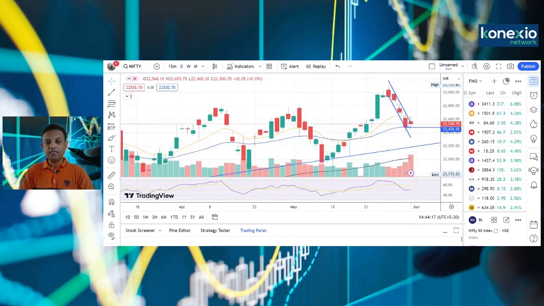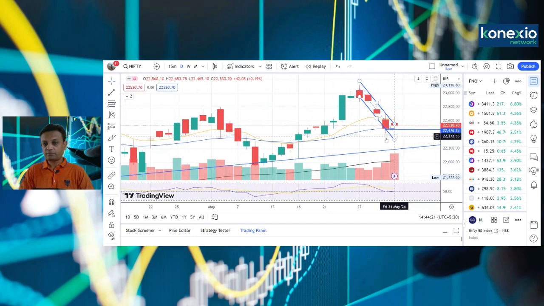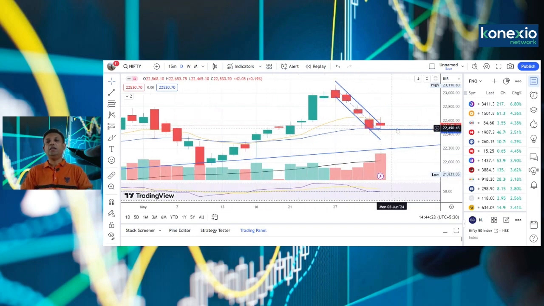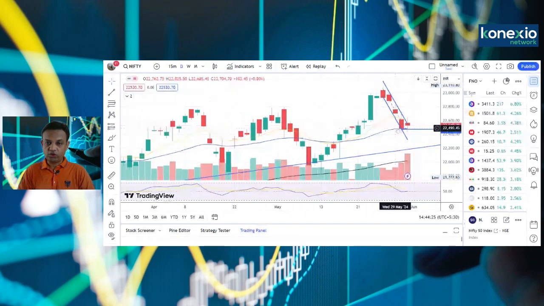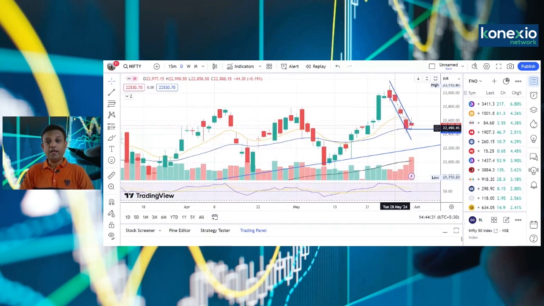RSI, you can clearly see, is still negative, but this particular candle, the harami pattern, seems to be quite positive from this juncture. So we might see a sharp rally in the sense of a technical pullback from the current levels.